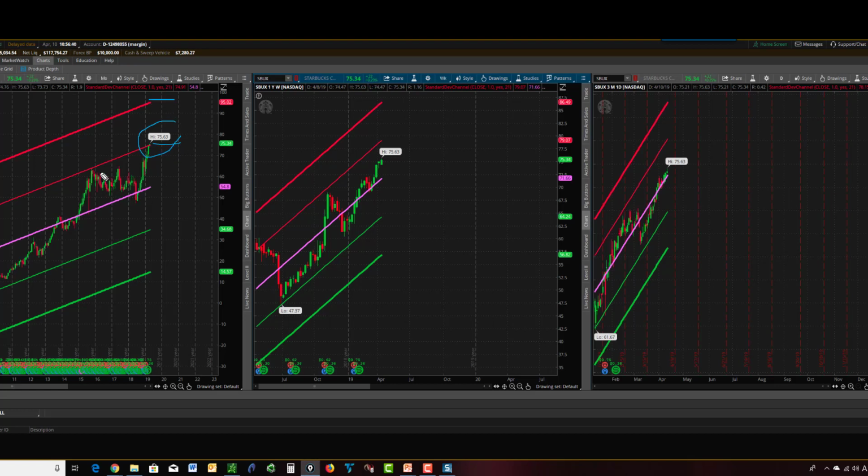But what we want for now is a nice retracement. When a retracement happens, we come to this weekly and find it at 1 or 2 standard deviations. As you can see here, it came down and hit 1 standard deviation. And this is exactly what we're looking for.